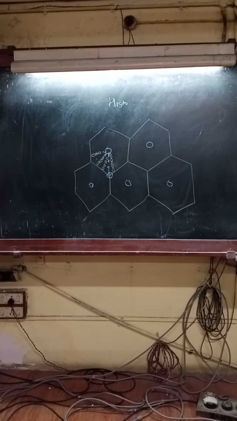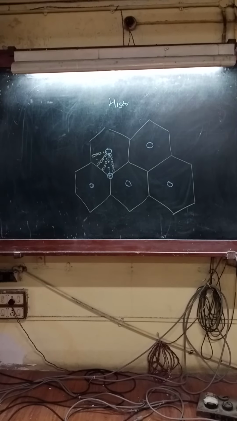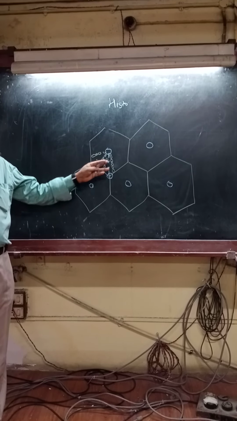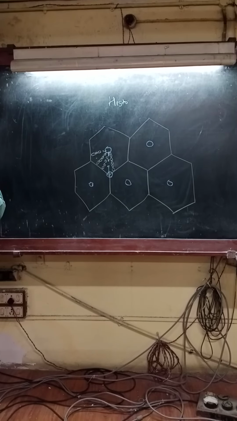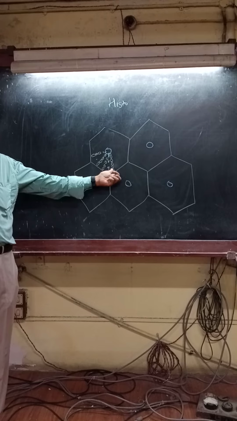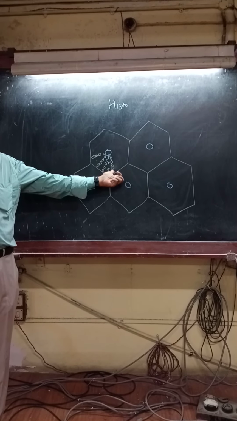This is how the portal vein brings the blood from the GIT and it is released in the sinusoids, where the sinusoids are lined by hepatocytes. They absorb the nutrients. In between here, which cells are there? Kupffer cells.